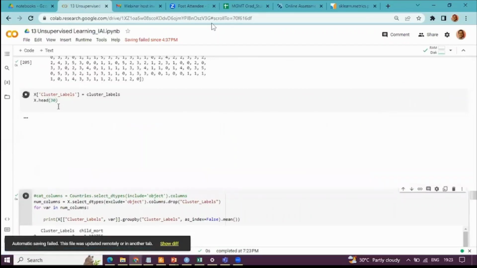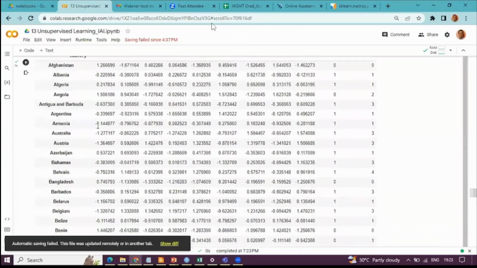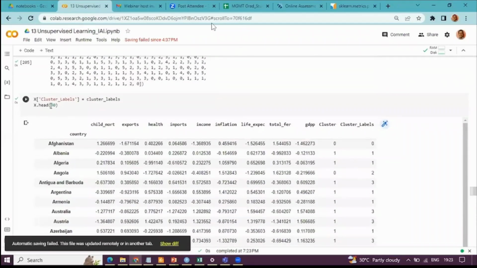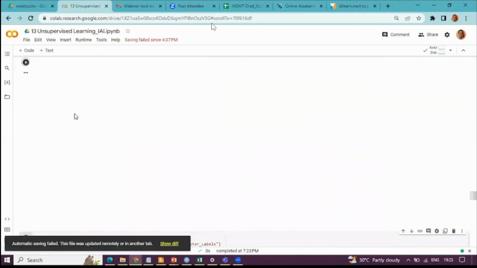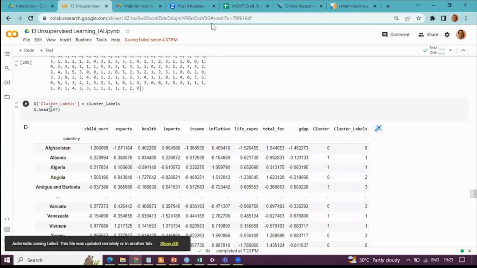Probably if I look at the top, otherwise we'll have to print all, but let us see.